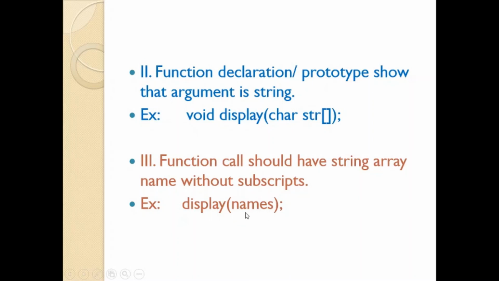Only string names can be passed as an argument. Here you are calling a function display, and you want to pass a string as an argument, so this names is a string, written without any subscript. So this is how you can pass a string as an argument to the called function.